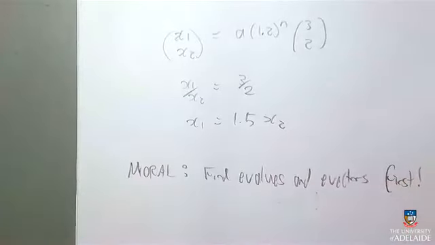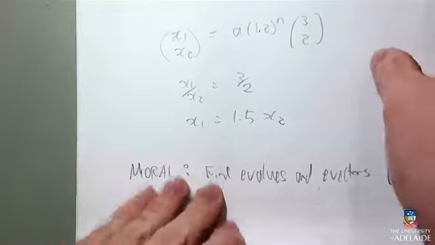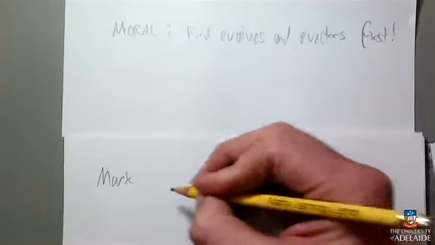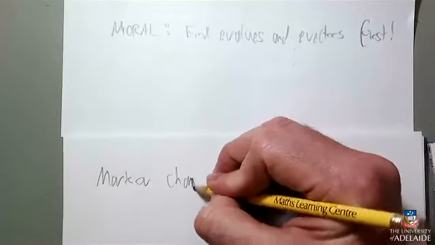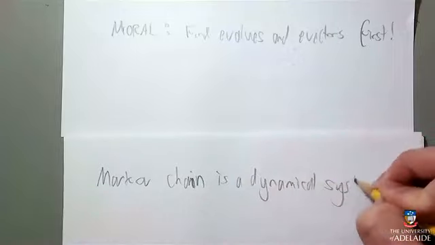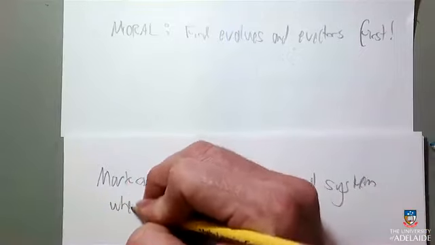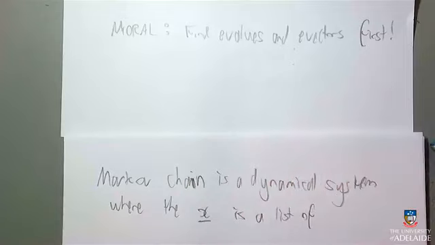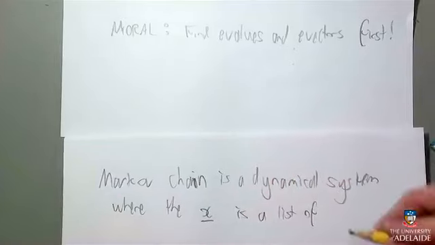Okay. But here's the thing. Markov chains are a really special kind of dynamical system that have an extra piece of information about them, which makes this process even easier. So it's a dynamical system where the x is a list of probabilities.